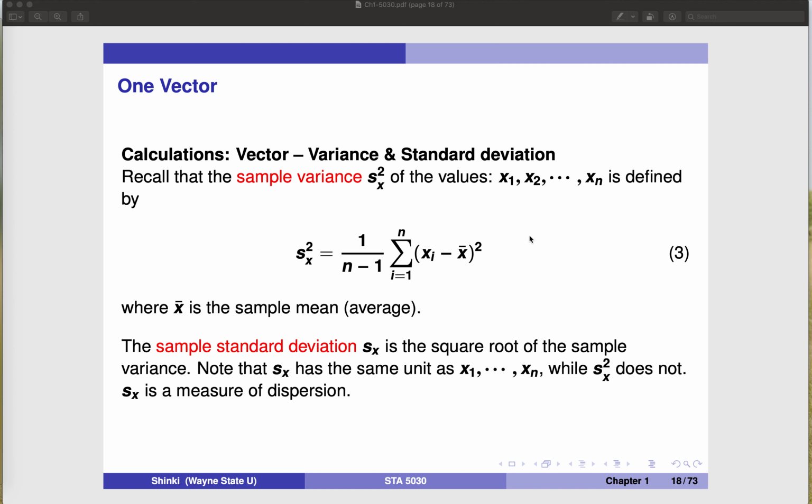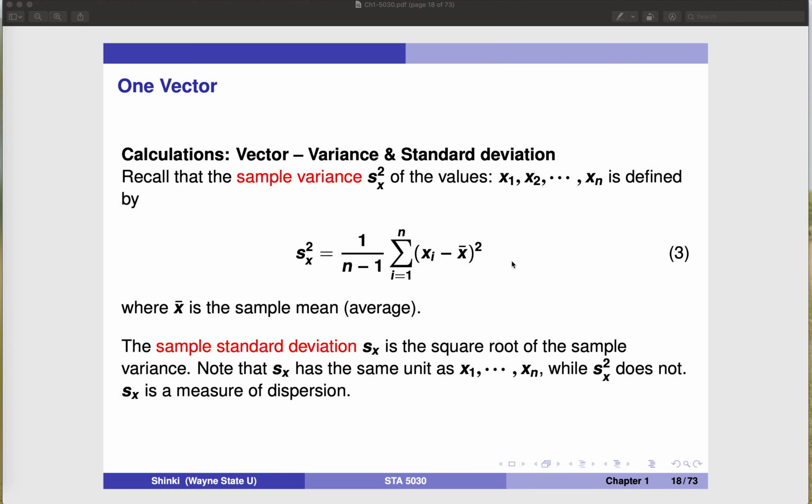So it's natural to take the summation of the squares. So the definition of variance is consistent with that Euclidean distance. This is also related to the normal distribution and maximum likelihood estimation.